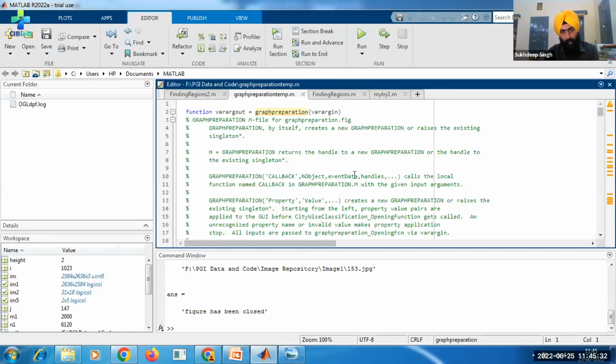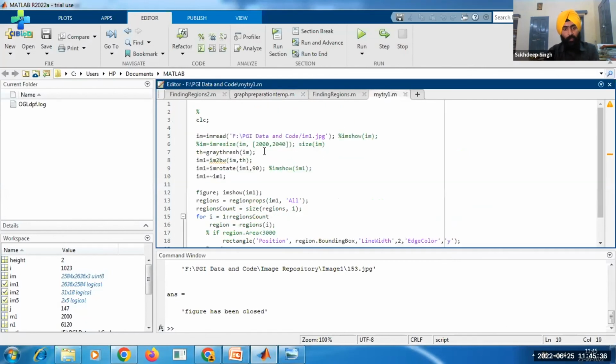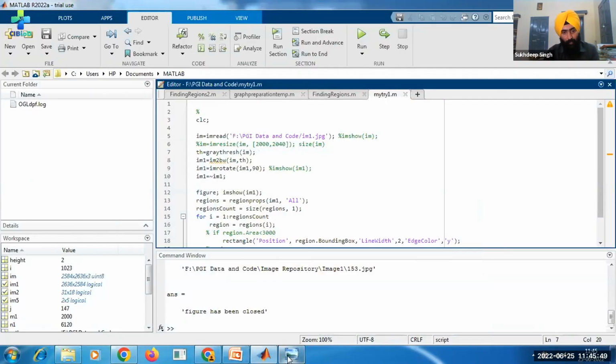I have just scanned one OPD card. After that, I have developed this code where the image is first read from this folder, then converted to black and white, and there is also need of rotation of the image, so then that will be rotated. After that I will perform segmentation. So let me run this code.